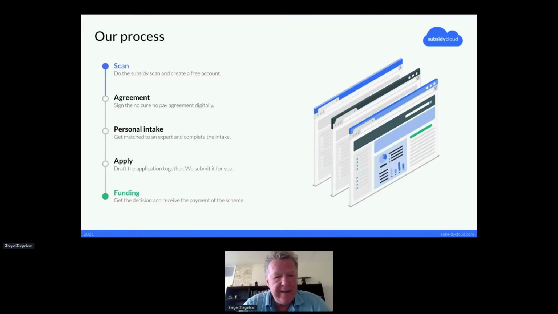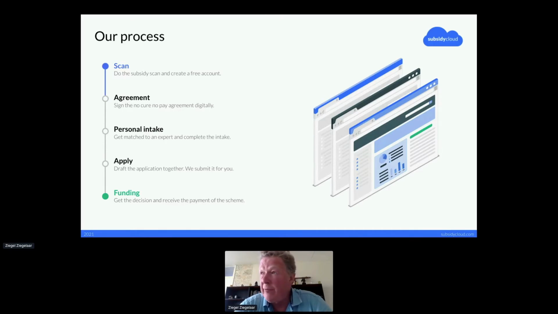We want to make it easier for our customers to find the right information and to be able to apply for the subsidies. What we need is an agreement, and the reason for that is that it is a legal issue to apply for a subsidy. And if we are representing you as a company, we need to have a signature so we can do that.